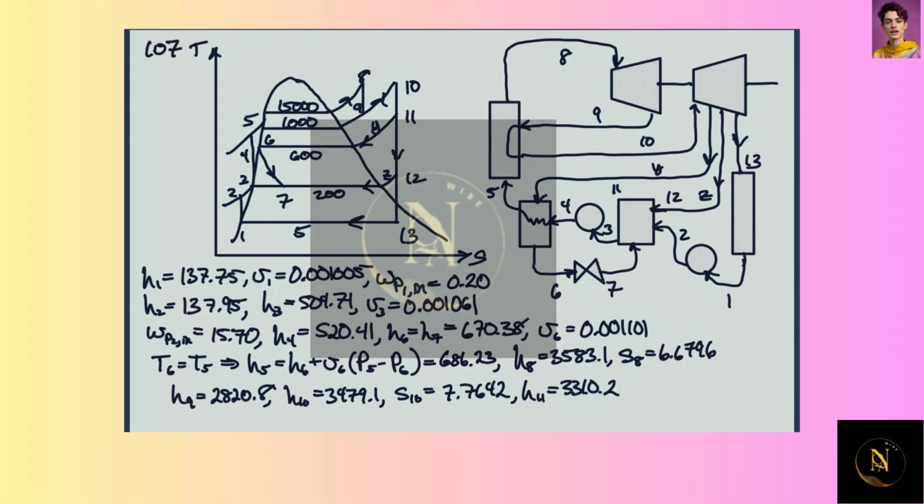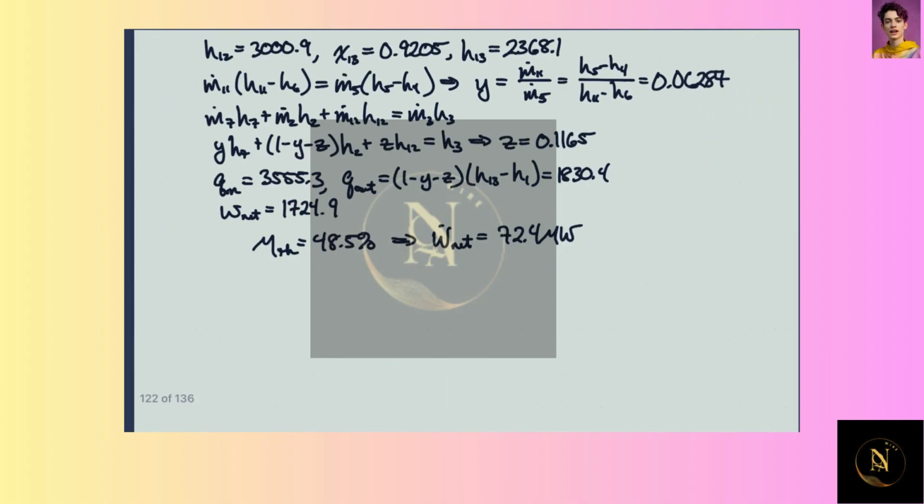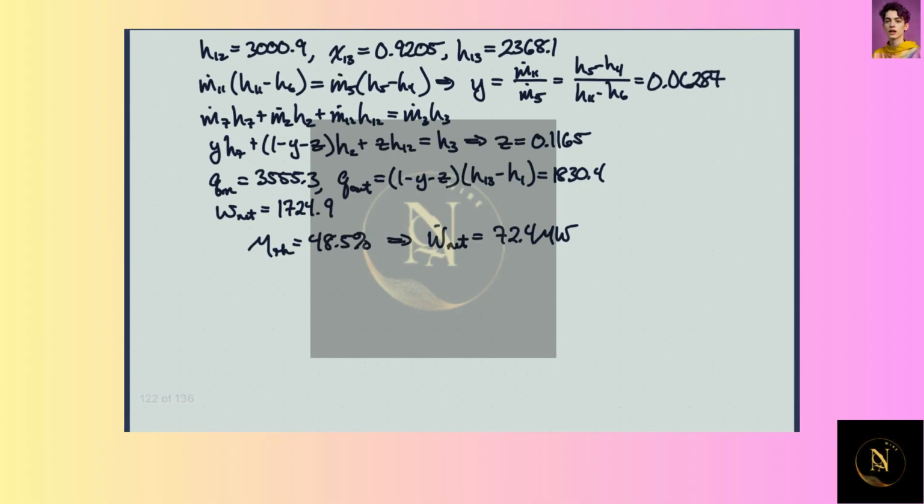The net flow rate, m dot 5, same as 8, same as 4, same as 3, same as 9, same as 10, is 42 kilograms per second. So we take 42 kilograms per second, multiply it by our specific work, and we get a net power out of this plant of 72.4 megawatts.